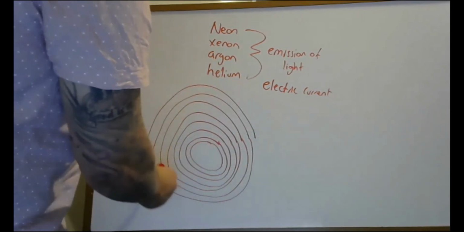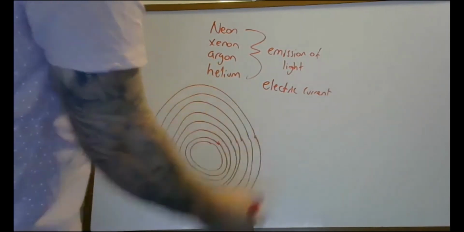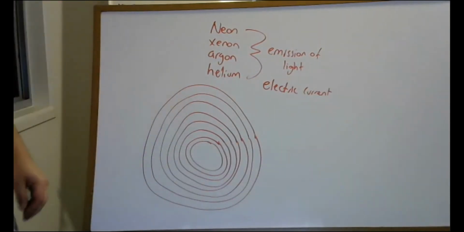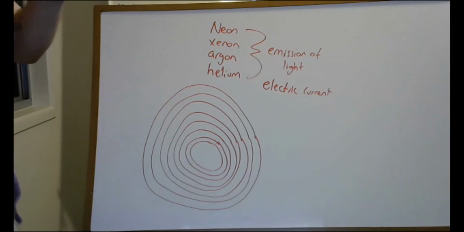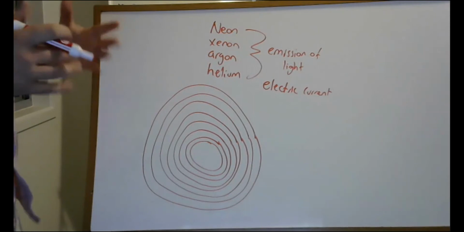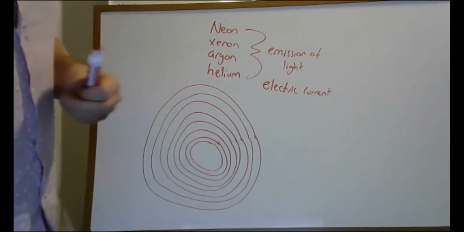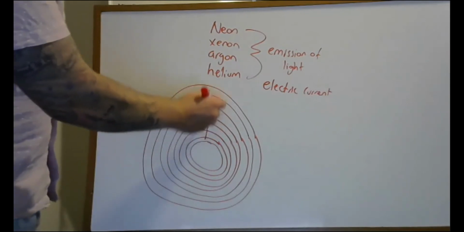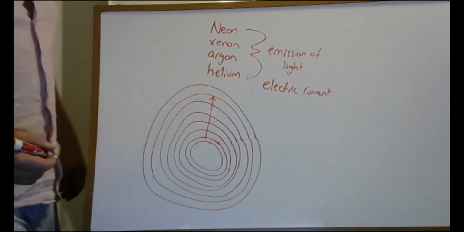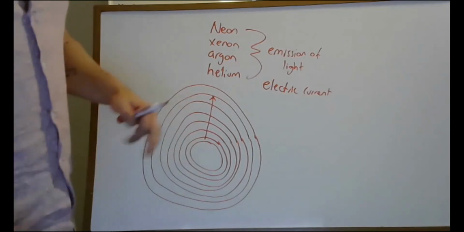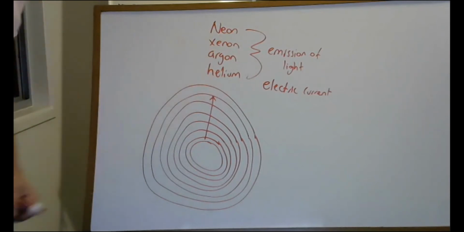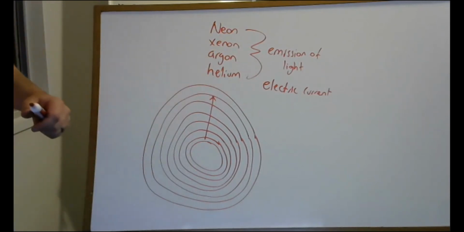When an atom gets excited by electricity, by some kind of energy, by sunlight, the electrons move to the higher energy levels. Regardless of where their electrons are, they will move out. Now, this is not what the atom wants.